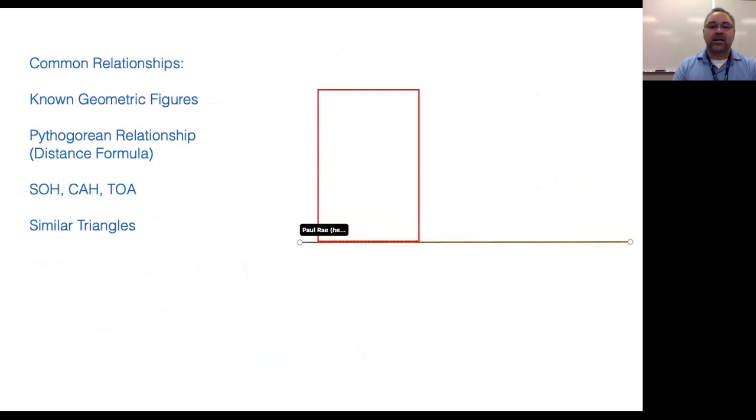You have a ladder leaning up against the side of the house, making a right triangle. Let's make sure it's touching the wall. And my ladder is 25 feet long.